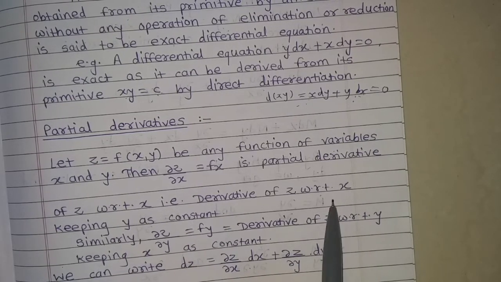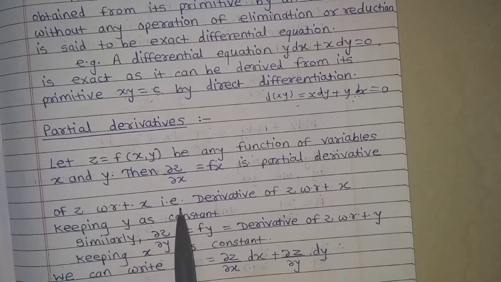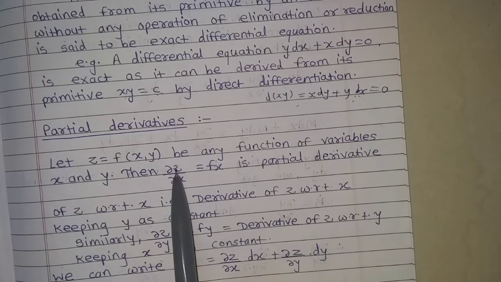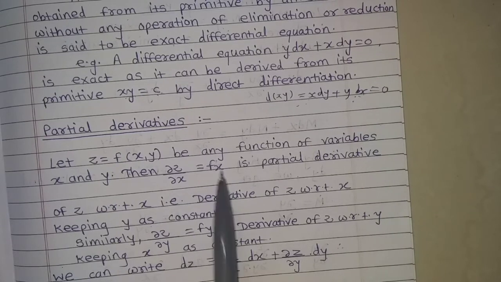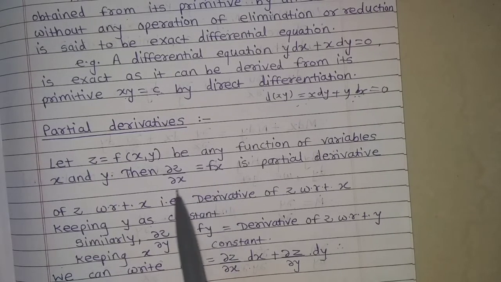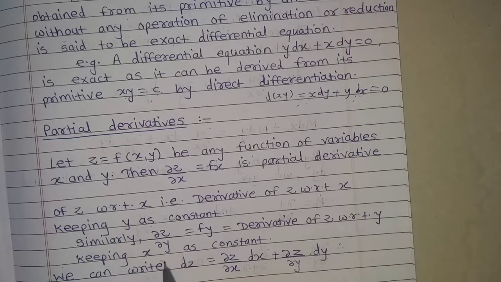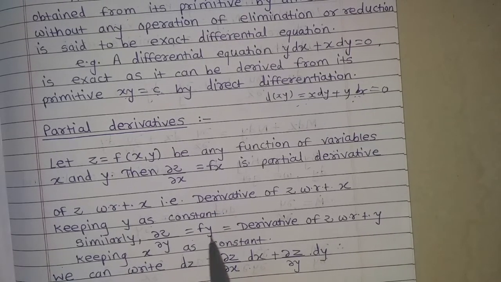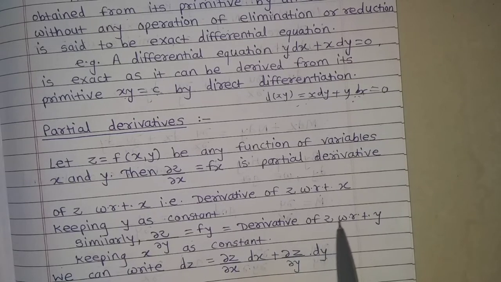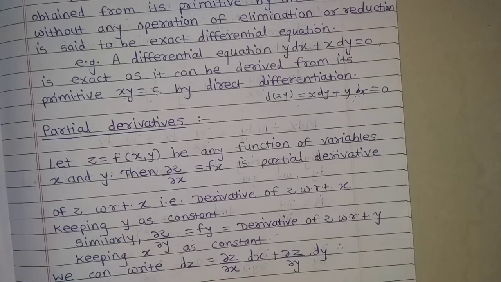That is when y is constant, derivative of z with respect to x is denoted as del z by del x equal to fx. Here y is constant, derivative is with respect to x. Similarly, del z by del y equal to fy equal to derivative of z with respect to y keeping x as constant.